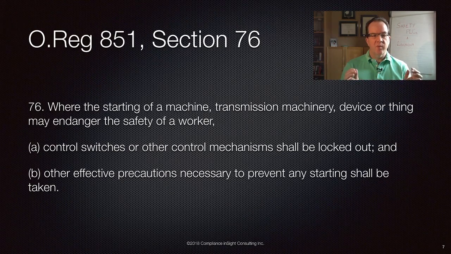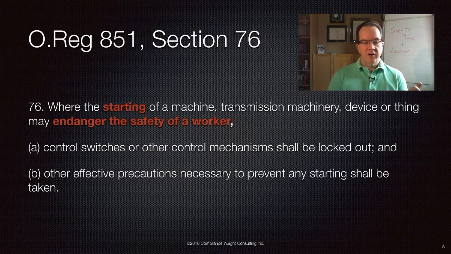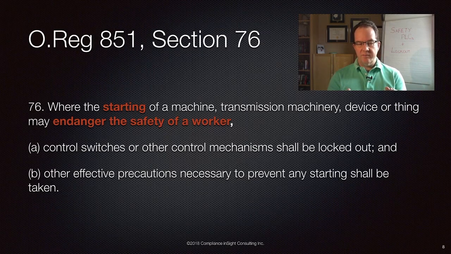All right, so we're going to break this down again. So the first part, where the starting of a machine, transmission machinery, device, or thing may endanger the safety of a worker. Well, those keywords that we need to keep in mind are starting and endanger the safety of a worker. So if the machine can start up, we may need lockout. And if there's a potential that we're going to endanger the safety of a worker, we may need lockout.